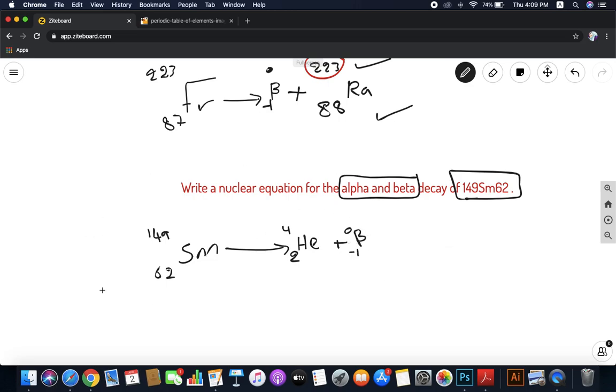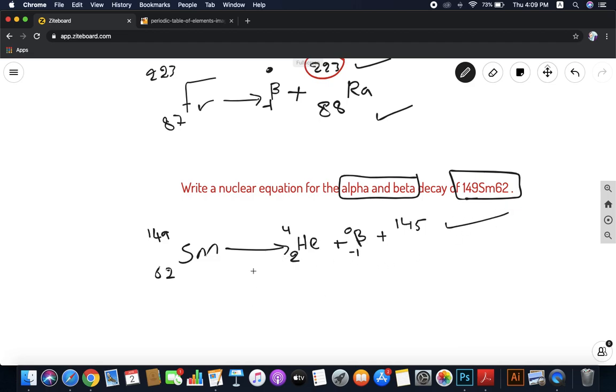Alpha and beta, those are from the question. Now the new thing is to write the new atom, which you have to find by checking the conservation of mass law. Now here I have 149, here I have 4, so here it should be 145. 145 plus 0 plus 4 equals 149, so it's conserved.